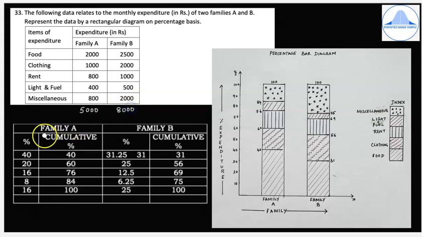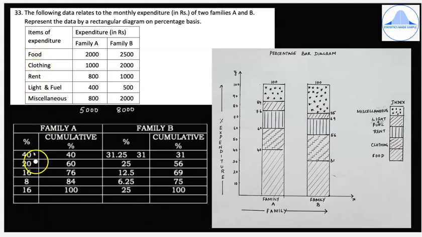So the first step is to form a table, or you can construct in the given table itself extra columns. So family A is divided into two columns, percentage and cumulative percentage. And similarly for family B, you'll have percentage and cumulative percentage. Now, how do we find out the percentage expenditure for family A for food? So how did we get this 40?